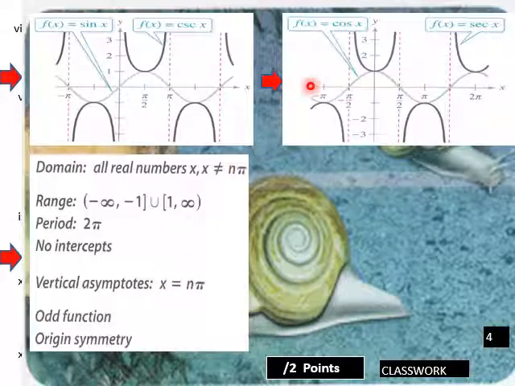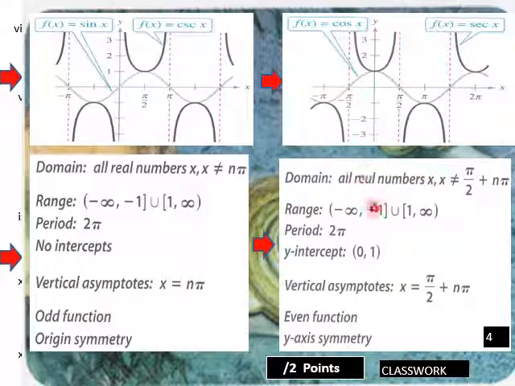And then we have here the stipulations for secant. The domain is all real numbers, but x cannot equal pi over 2 plus n pi, because those are your vertical asymptotes. The range is negative infinity to negative 1, so it comes up to here and goes back down to negative infinity.